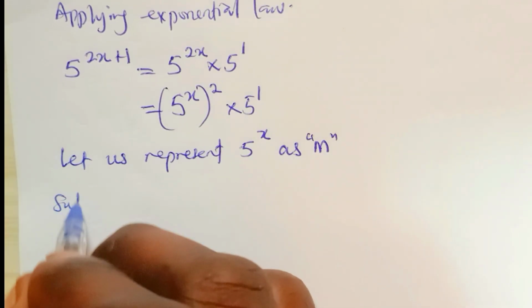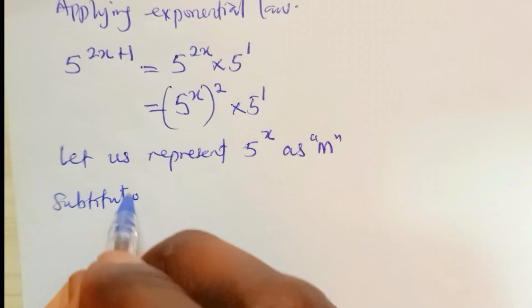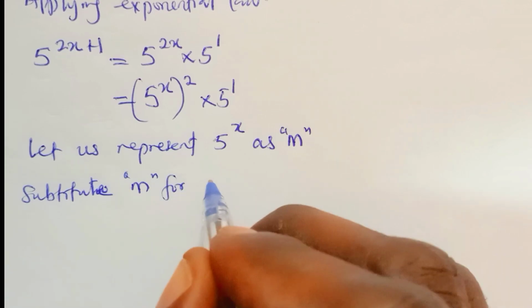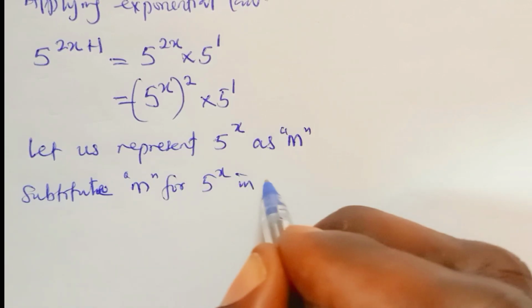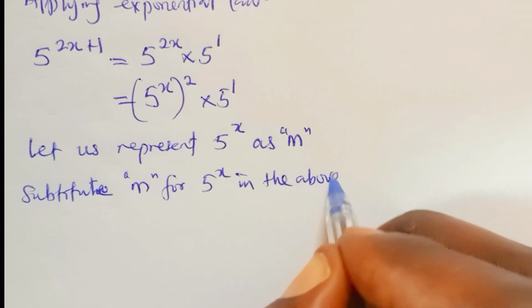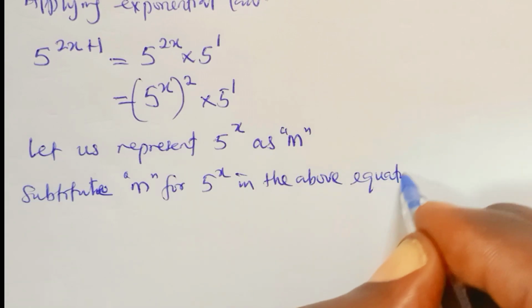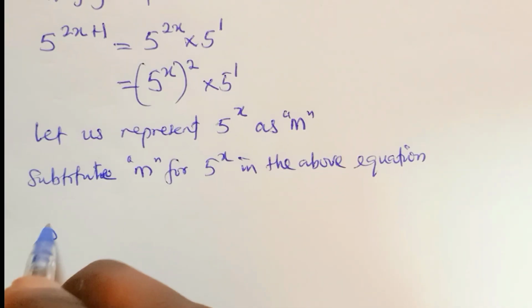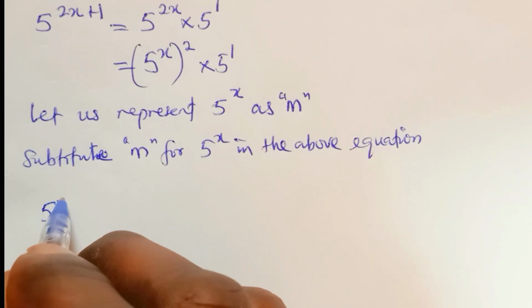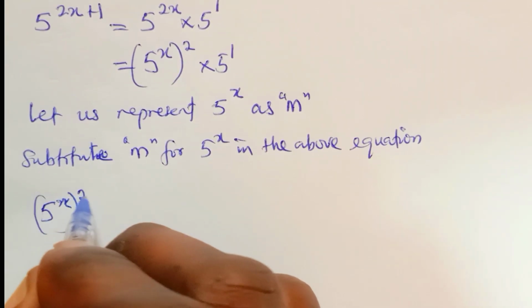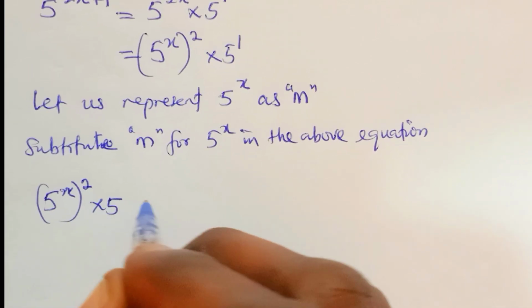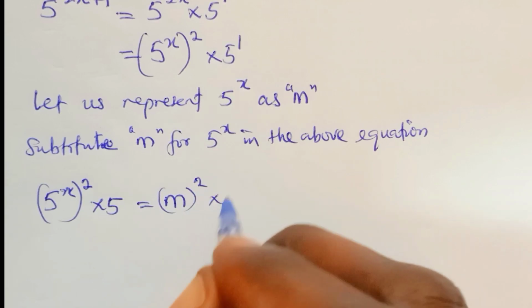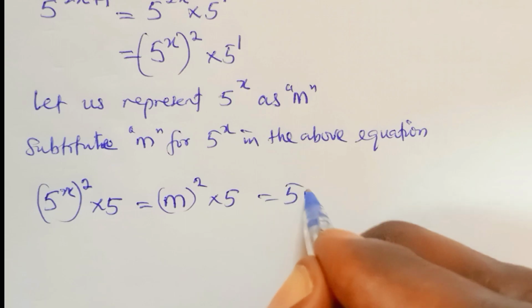So we substitute m for 5^x in the above equation. So we have (5^x)^2 times 5, which is the same thing as m^2 times 5, which is 5m^2.